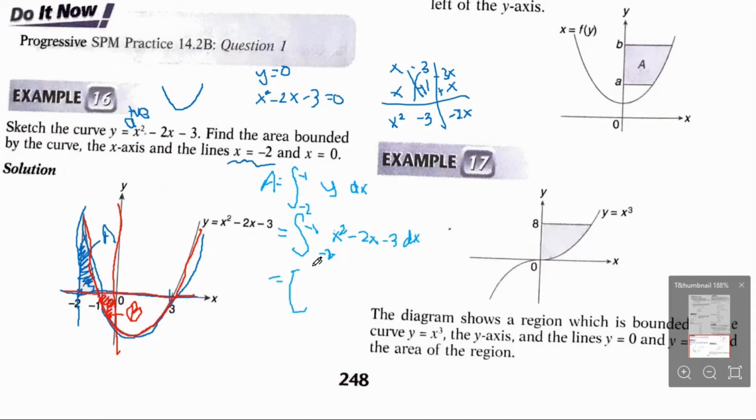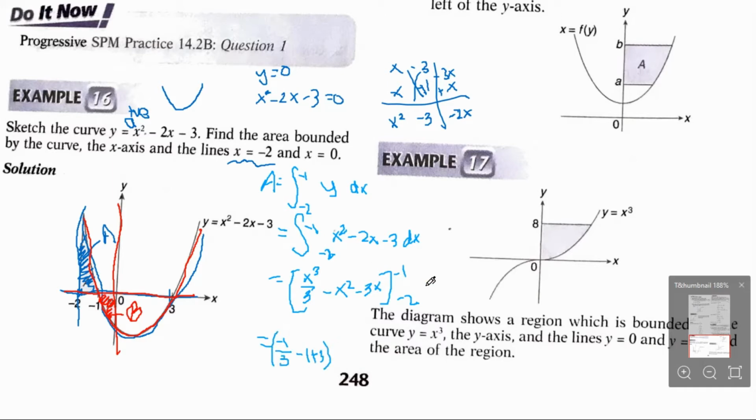Okay, so integrate this one, you will have x cubed over 3 minus x squared minus 3x from negative 2 to negative 1. Okay, after that you just substitute in the value. So negative 1 cubed, negative 1 over 3 minus negative 1 squared, so 1, minus 3 times negative 1, so we have positive 3.